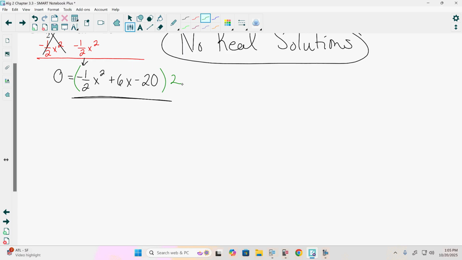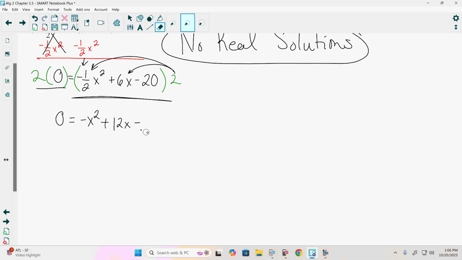Because if I wanted to, I could multiply this whole thing by 2. And 0 times 2 is 0. 2 times negative 1/2 is negative 1. 2 times 6x gives us 12x. And 2 times negative 20 is negative 40.